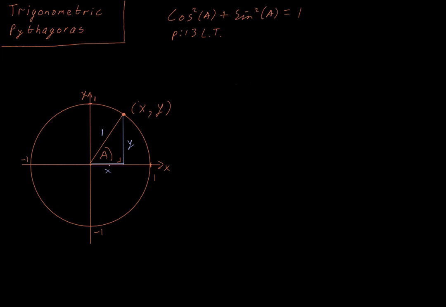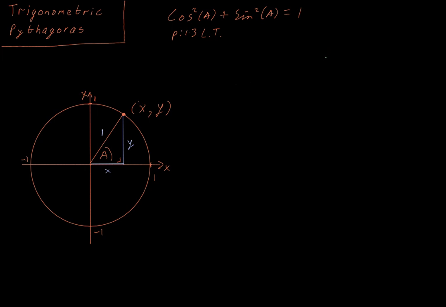Well, if I do my walking across and walking up, I can see that I immediately trace out a right angle triangle. Again, why our unit circle gives us information about trigonometry. So what I want to do is be able to describe my x and my y in terms of sine and cosine. And that is almost immediately going to give me the relationship that I am looking for.